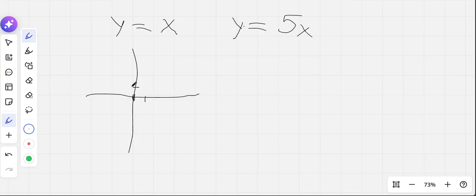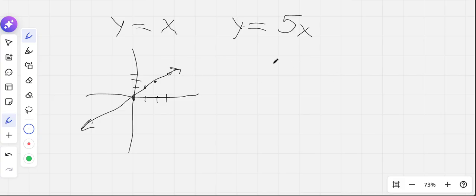So let's say this is 1, 1, this is 1, 2, something like this, right? So this is 1, 2, 3, 1, 2, 3. So the graph would look something like this. It would be a point here, a point here, a point here. It'll look something like this, right? So that's y is equal to x.